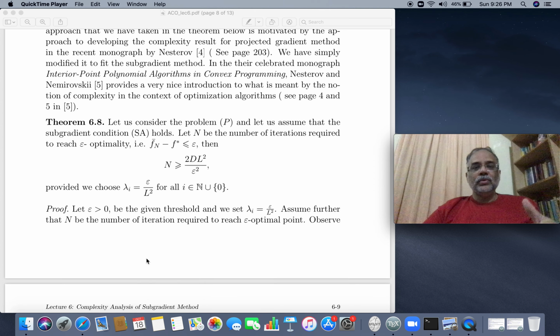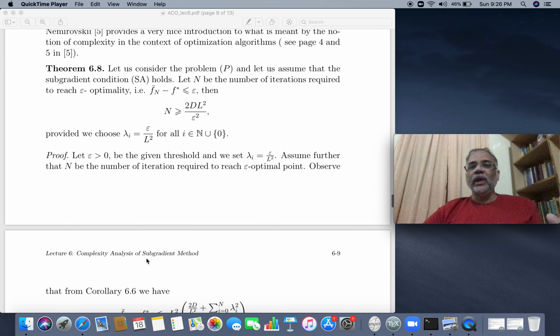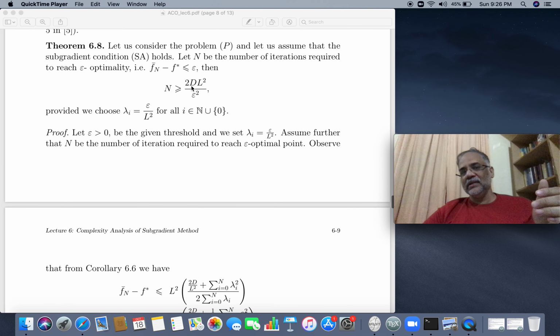Now, I am not going to do the proof here. The proof is very simply stepwise written. When you have a situation like this, where the minimum step length is a constant times 1 by epsilon square, we say that the algorithm has an iteration complexity of big O of 1 by epsilon square.